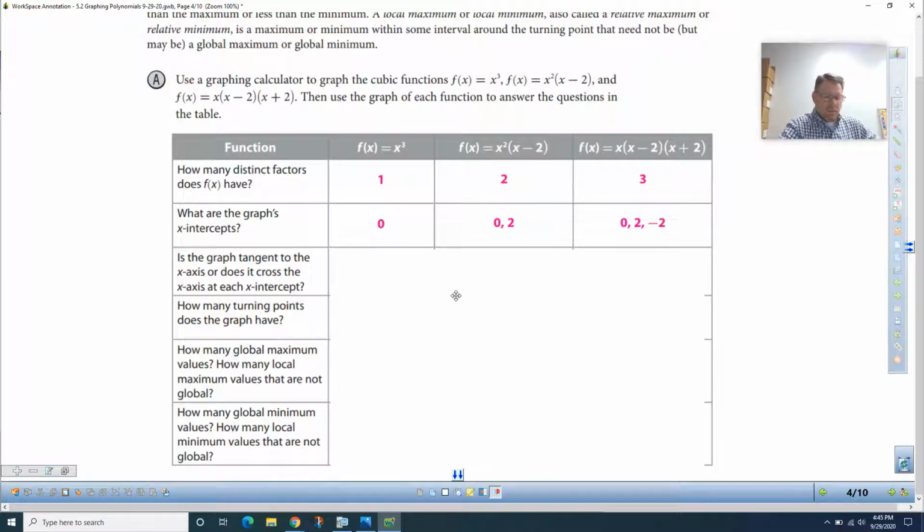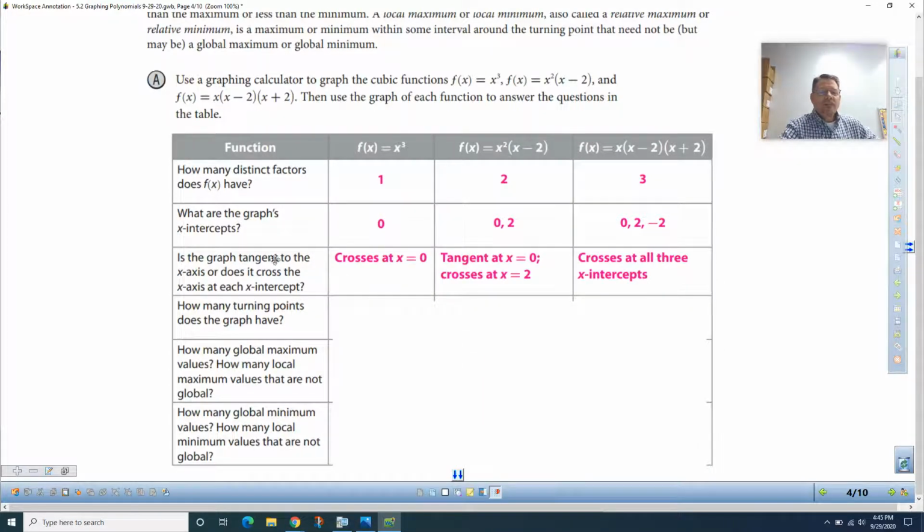Okay, now let's look at this next group here. It says, is the graph tangent to the axis? That means, does it touch the axis, or does it cross the axis? Well, this is just the parent function x cubed, right? So it's going to cross the x-axis, but does it just cross it straight through?